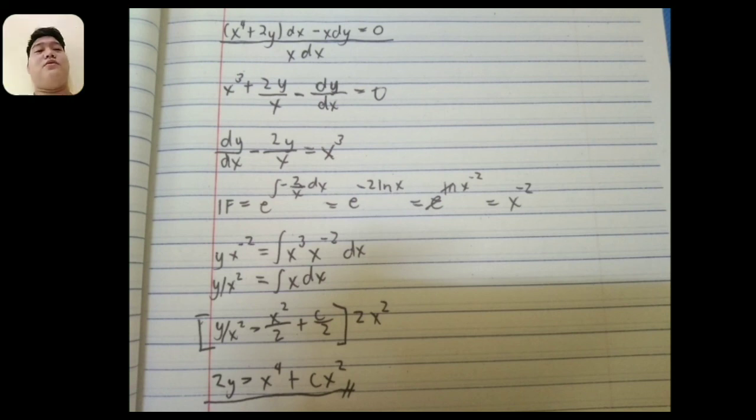We also add a 2 to the c, since we multiply both sides by 2x squared. So we remove the x squared under y. Then we have 2y equals x to the power of 4 plus c x squared. So that is our final answer.